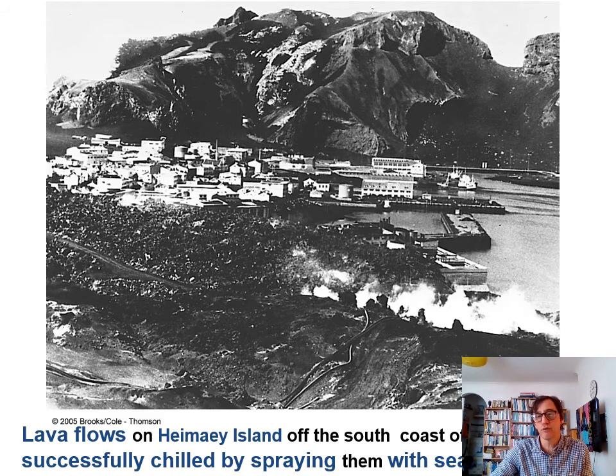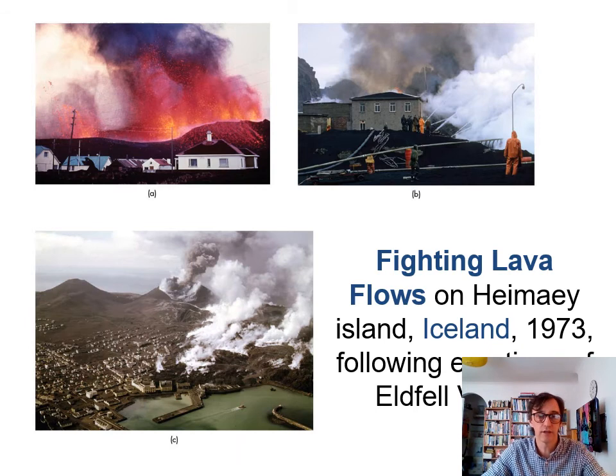They had that source right beside them where they could spray water directly on the lava flow. Because of that easy proximity, they actually did stop the lava flow. And you can see in the photograph on the bottom left, they saved their harbour, the town's main industry employer, which was fishing. And it's linked to the outside world, the main island of Iceland, for example.